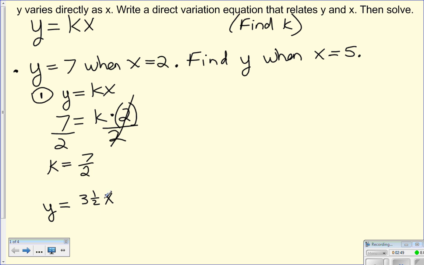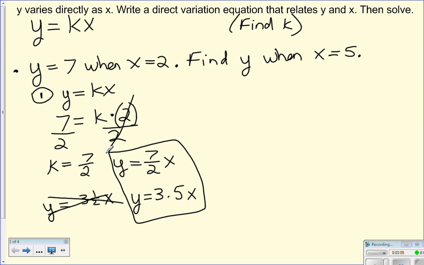So instead we're just going to leave it as y equals 7 halves x. Or, if you prefer decimals, you're welcome to write this as y equals 3.5x. So both of these would be correct for this first part.